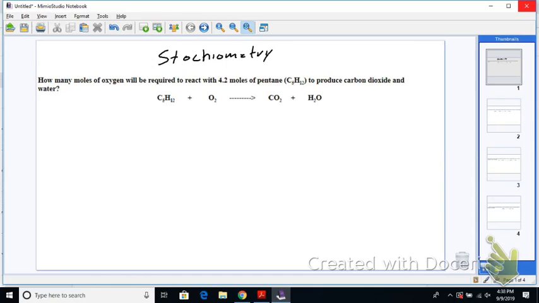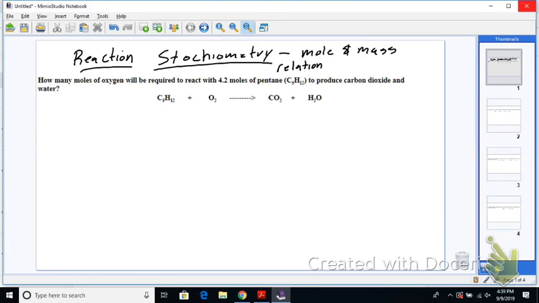And actually it's called reaction stoichiometry because it is chemical reactions we're looking at. And it's basically looking at mole and mass relationships in chemical reactions.